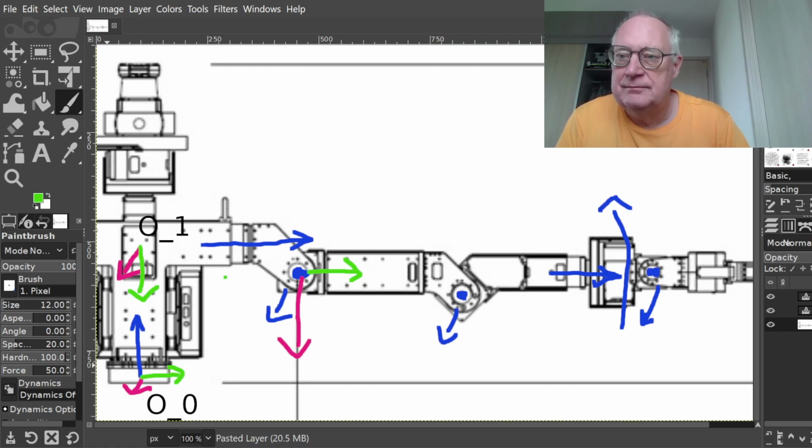And I guess now we have join 2. Theta 2, D2, A2, and alpha 2.